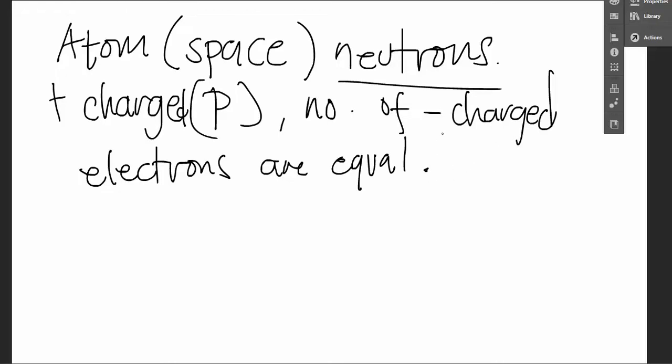It means that all atoms are neutral because they contain the same number of protons and electrons inside it.